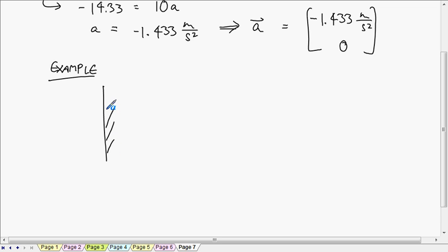Okay, let's do one more. So let's say there's a box being held against the wall with a force of magnitude 707.1 newtons, acting at 45 degrees.